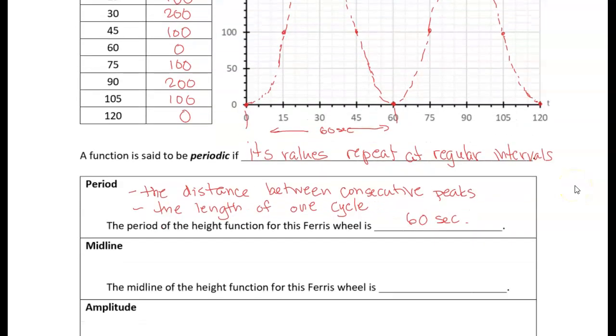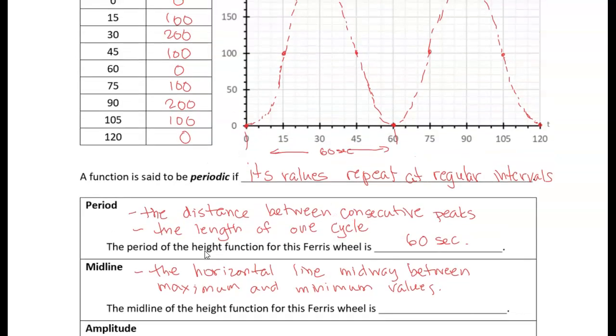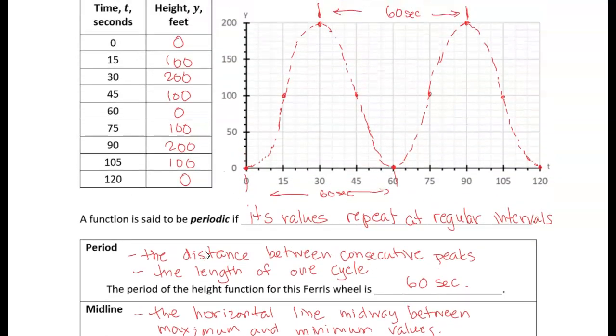Midline. Let's talk about midline. The midline is the horizontal line midway between the maximum and minimum values. So what is the midline of this function that we have up here for the height of the Ferris wheel? It looks like your maximum is 200 and your minimum is 0.